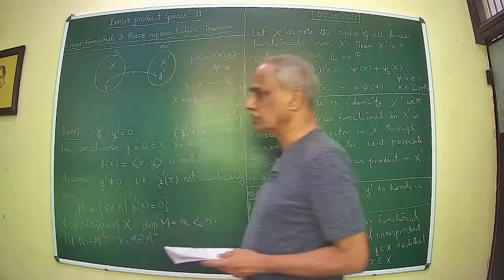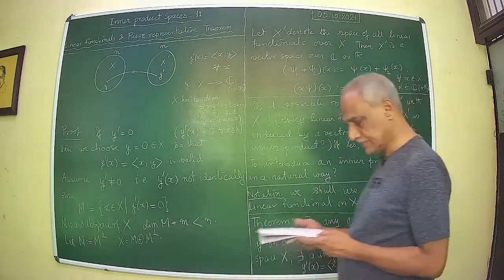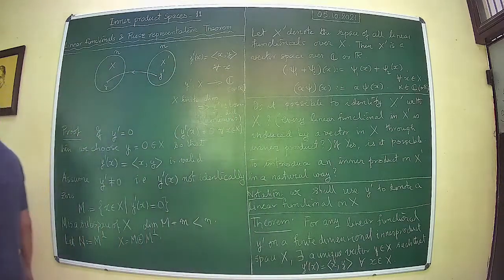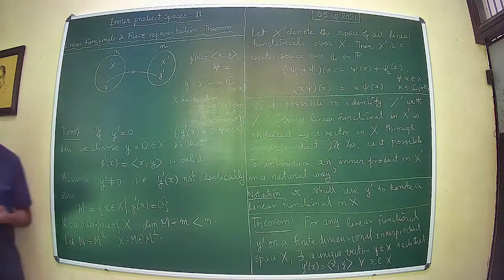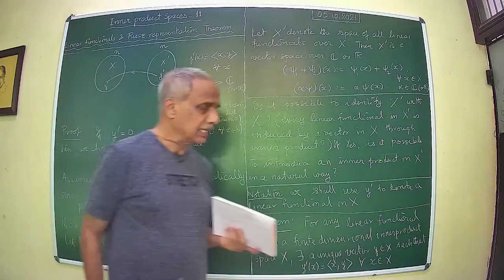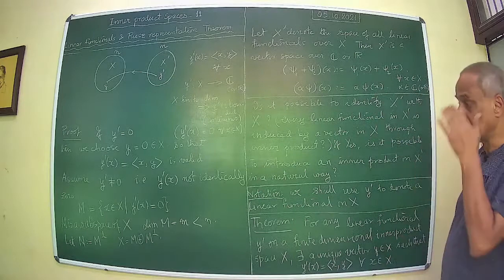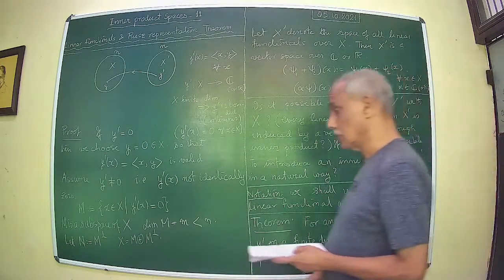This is the decomposition theorem that we did last time. Now we want to somehow craft a particular y which serves our purpose given y prime. How to do that?